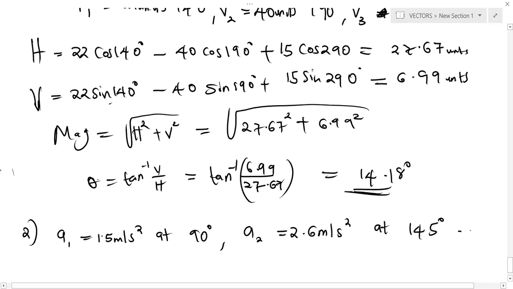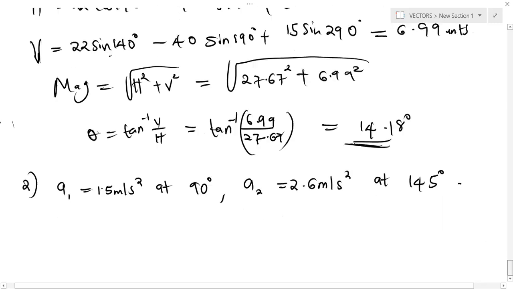They are acting at a point. Find the resultant A1 plus A2.